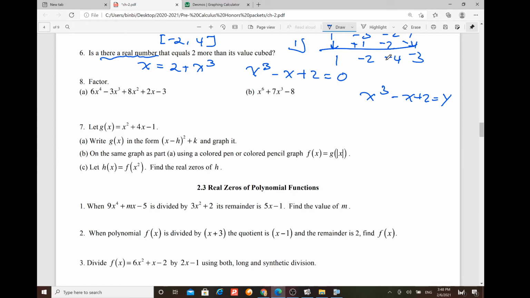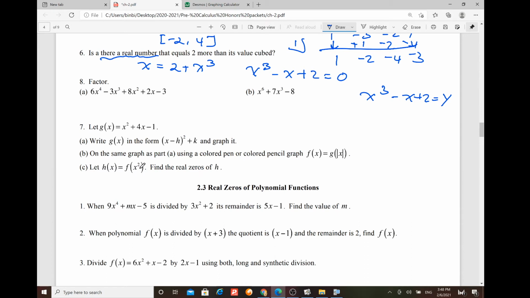Number 7 is just like what we've been doing. It looks like we need to complete the square and find the vertex form. Then on the same graph in part A, using a color pen or pencil, graph f of x equals g of absolute value of x. Again, g of absolute value of x makes everything even. And then let h of x equals f of x squared. Find a real zero, so look for that.